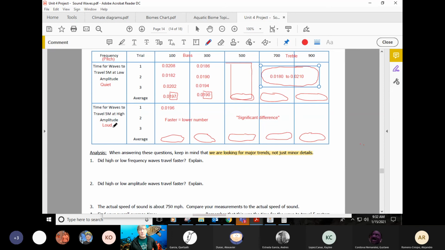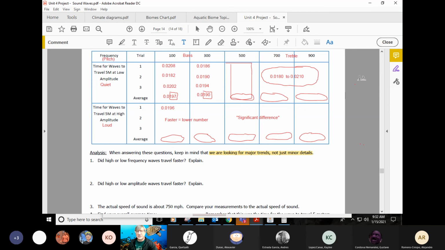Is there really any difference between a high-pitched and a low-pitched sound for how fast the sound wave travels? And I hope you agree with me that there was really no significant difference for either pitch or volume, for either frequency or amplitude. Pretty much always the same.